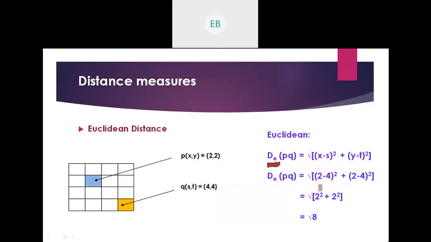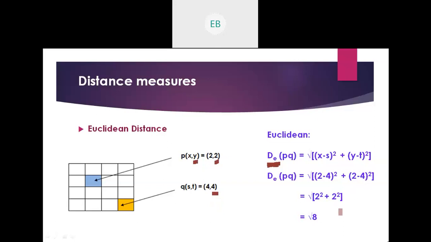So it equals root over, what is x here? x is 2 and s is 4, so 2 minus 4 whole square. Don't consider the sign here; we'll use the mod function because we are only talking about the pixel position, so just ignore the sign. Plus, what is y? y is 2 and t is also 4, so 2 minus 4 whole square.